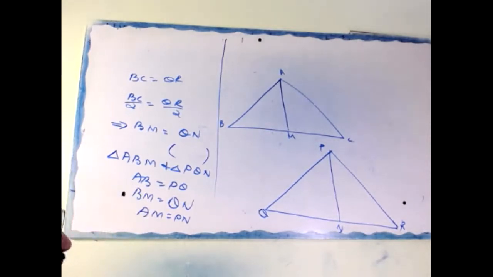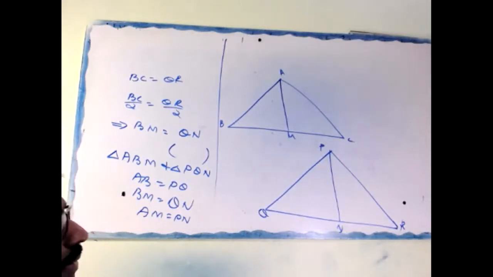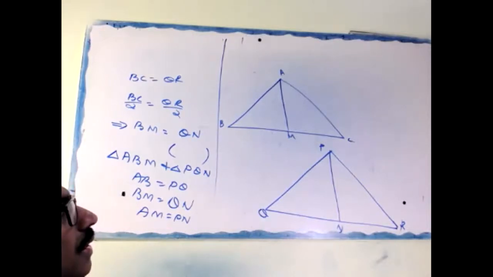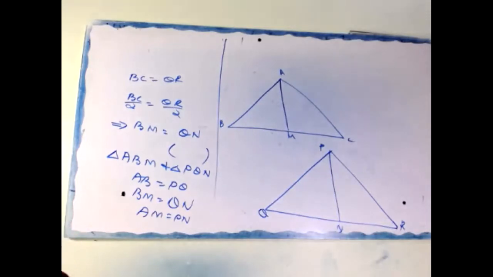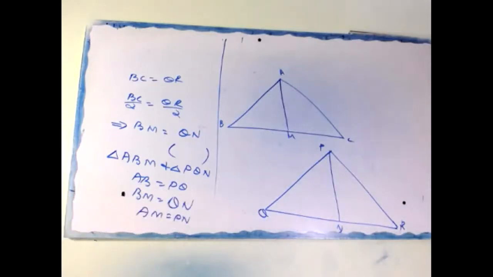Then after that, in triangle ABM and PQN, AB equal to PQ given, BM equal to QN proved, AM equal to PN given.